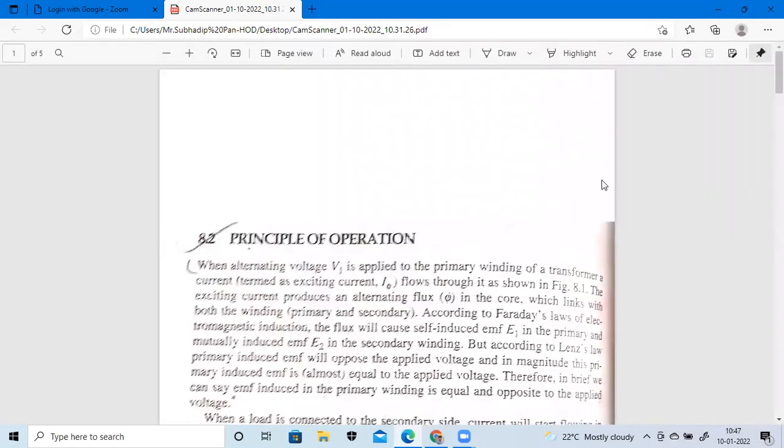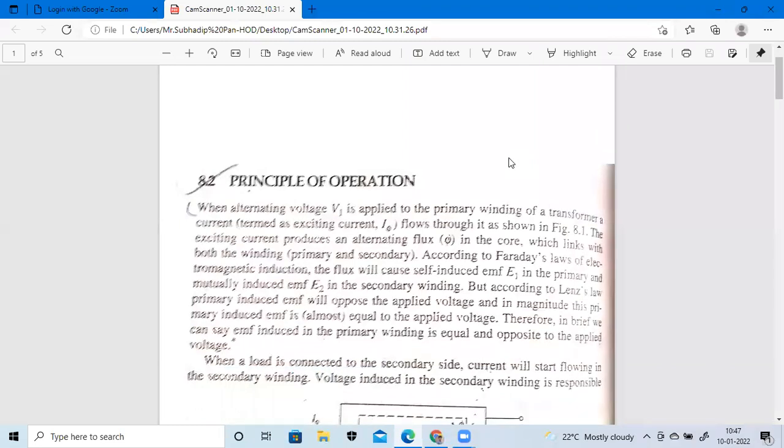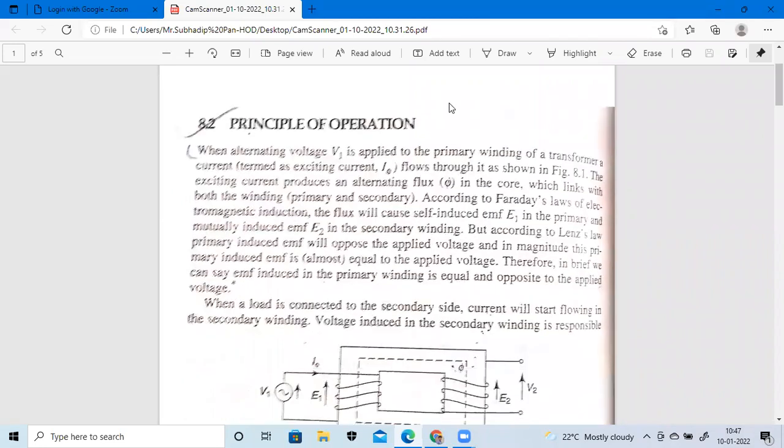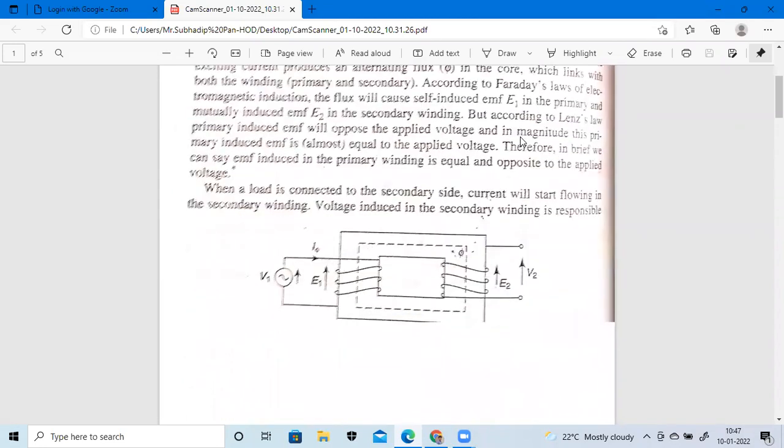So in the last class, we already introduced the operation of the single phase transformer. It consists of two windings, one is the primary winding, another is the secondary winding. So today we are going to discuss that part, also the principle of operation of the single phase transformer. So this is the schematic diagram of the single phase transformer.